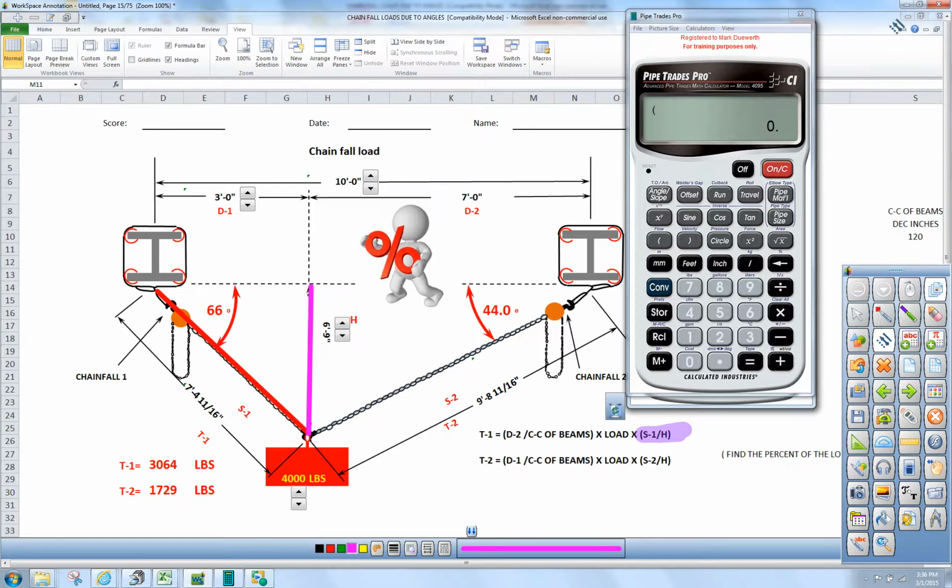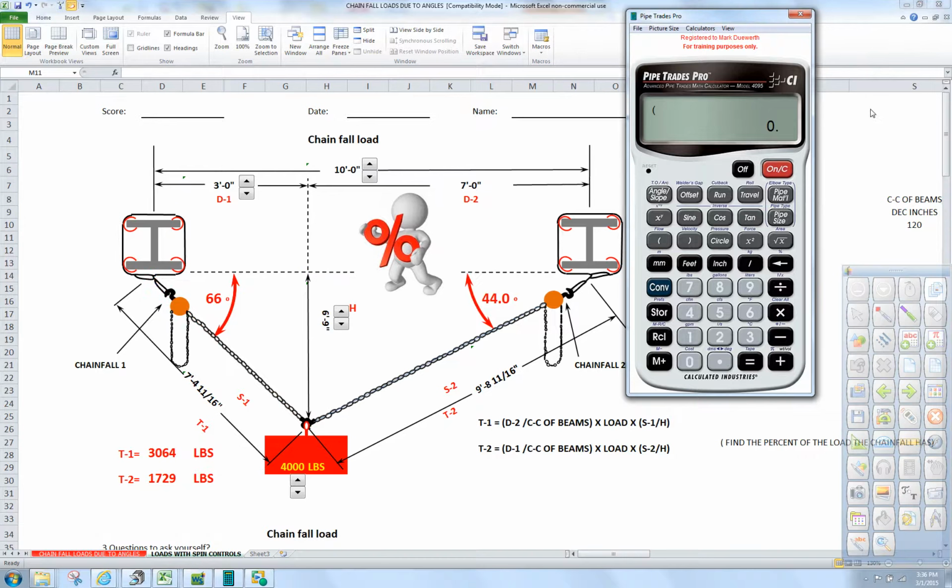Okay, so follow along. So we put in 7 foot 4 inch 11/16, and now we're going to divide by 6 foot 9 inch, close it out.